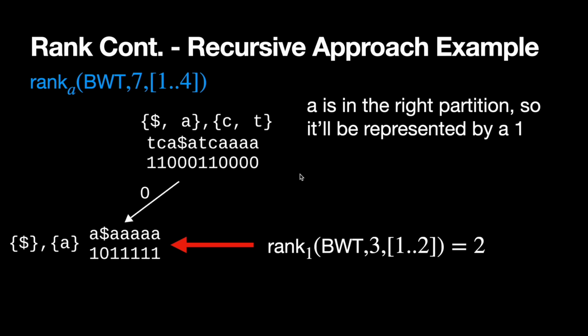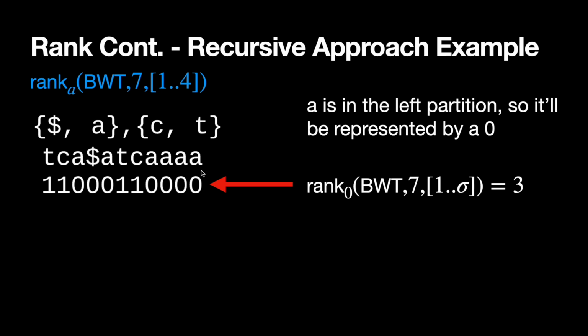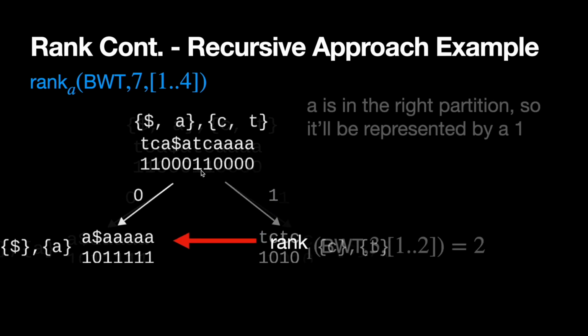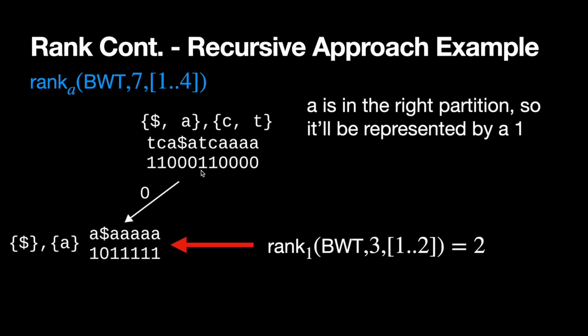And I want to be clear here when I say accounting for the offset. Like I said before, when we did the initial step, we found that there were 3 zeros, but they could be A's or dollar signs. So when we move on, we're looking at these characters here. We know that the first 3 zeros, which are either A's or dollar signs, happened before position 7, and then they got transferred down here to the left child. And now, of those first 3 zeros, we want to know how many were A's.